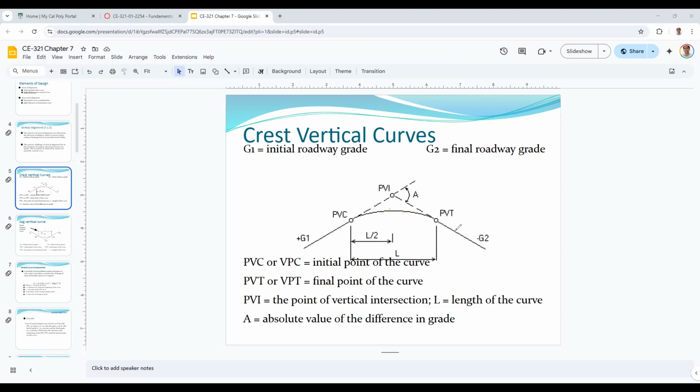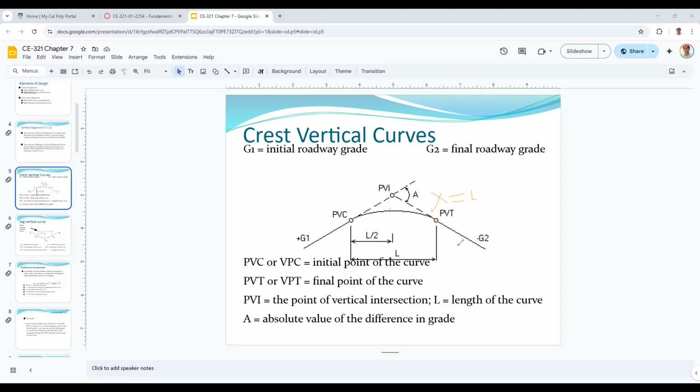Yeah, L, right? It will be L because you measure the X coordinate along the horizontal plane. So you can see the X coordinate here will be L. If you're talking about the PVT, X will be L.